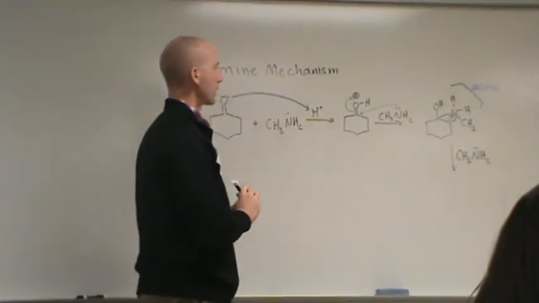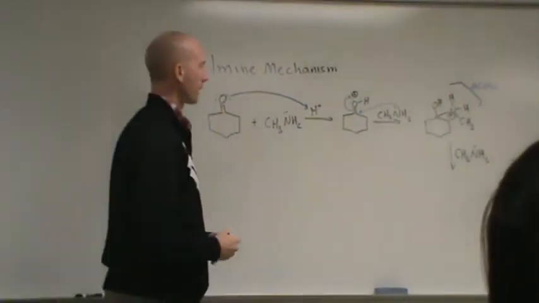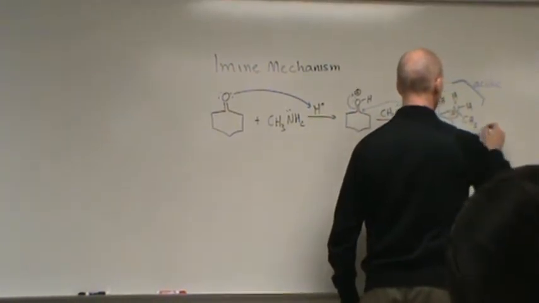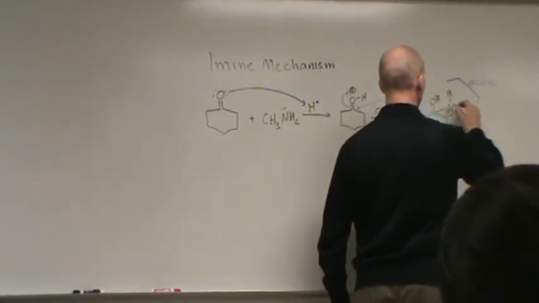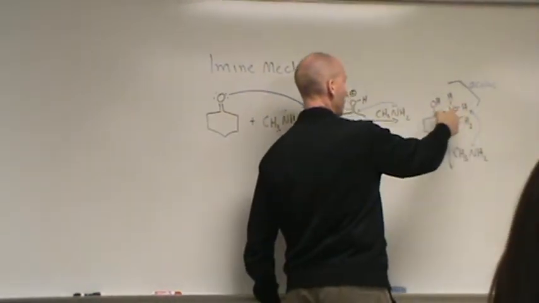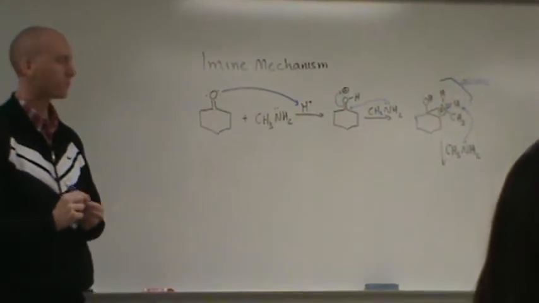So we can choose either hydrogen to deprotonate, so let's bring in another amine, and it can attack either hydrogen. So let's take that one, then these electrons dump into the nitrogen.